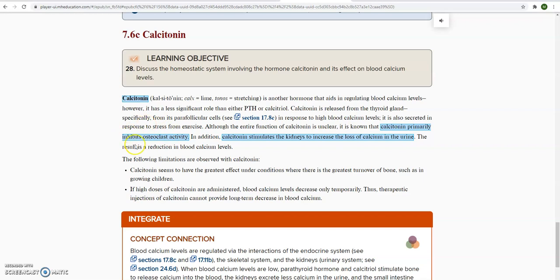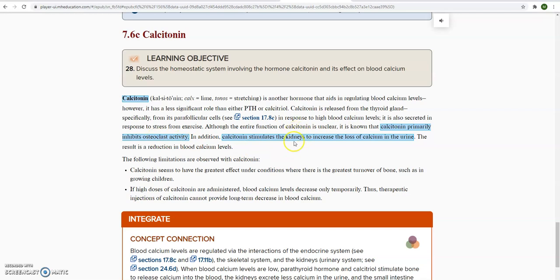So it'll have an effect on the bone tissue, but instead of promoting, kind of increasing osteoclast activity, it'll decrease osteoclast activity. Kind of try to keep the calcium in the bone at that point, since there's already too much calcium in the blood.